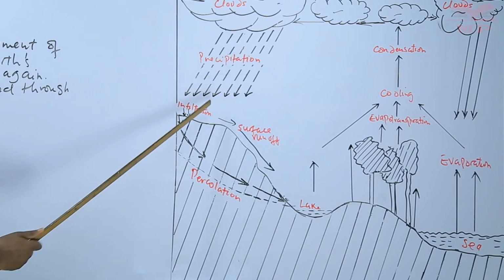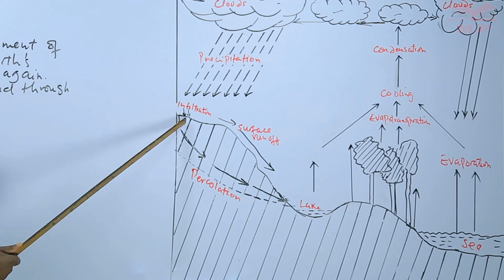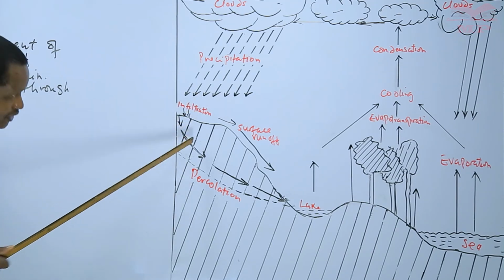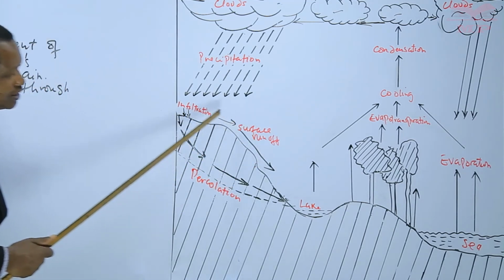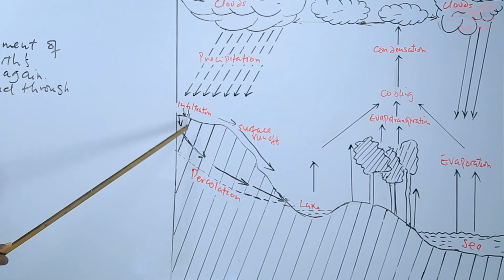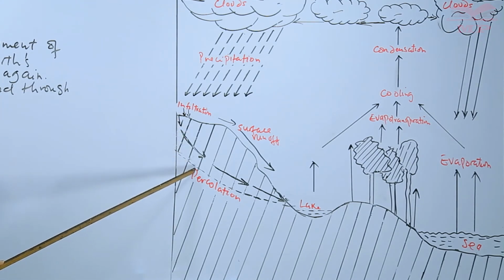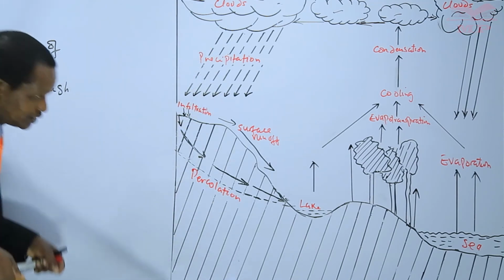That water, again, we remember we said, either infiltrates the ground, okay, infiltration, this water seeps into the ground immediately, or it runs on the surface of the earth. And again, the water that infiltrates, we find it through the process we call percolation in the ground. Because of gravity, that water seeps down.